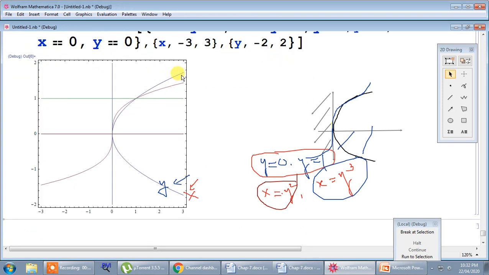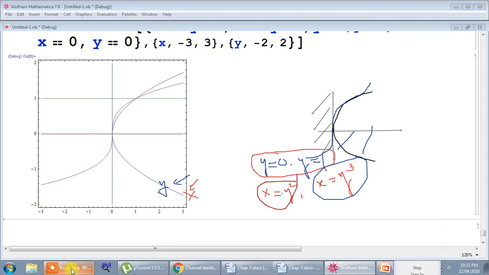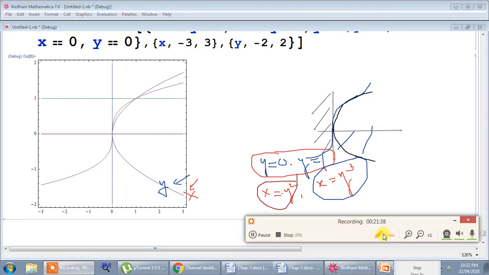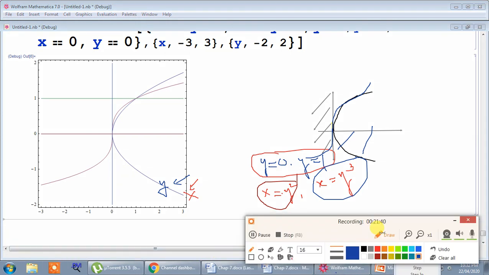So the curve x equal to y square is a rightward open parabola, I think we have already discussed, and the second one is the curve x equal to y cube.